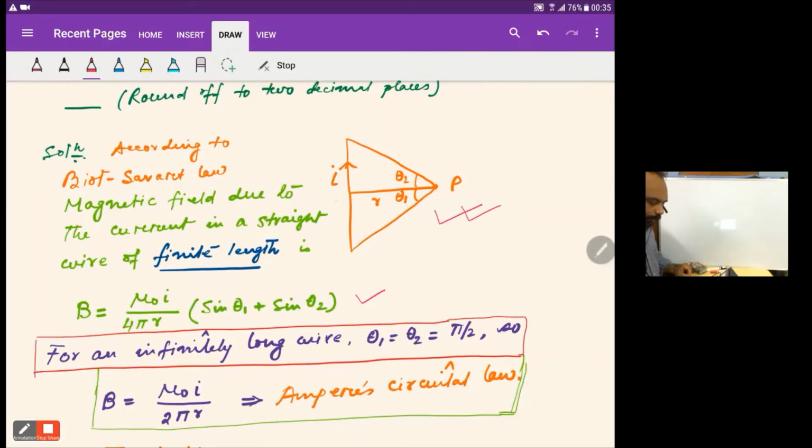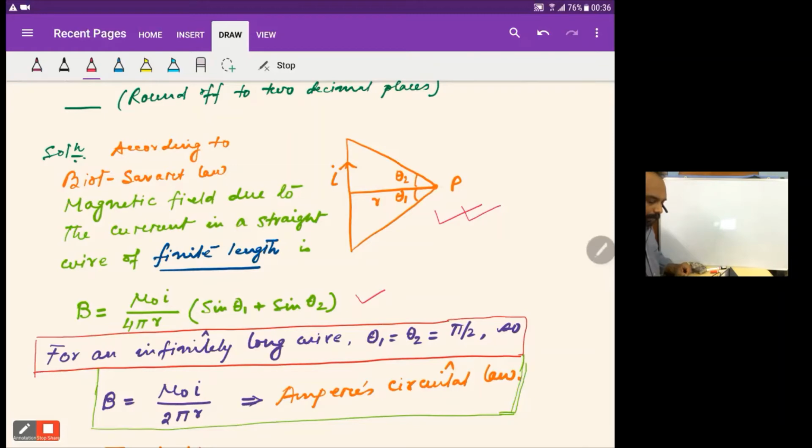Current I is flowing through a finite length straight wire, where we want to calculate the magnetic field B at point P, which is at a distance r.